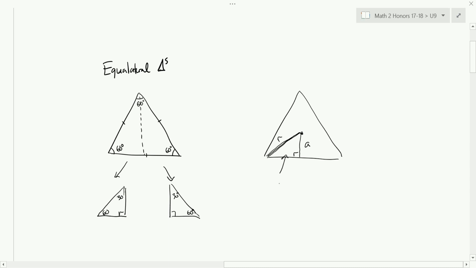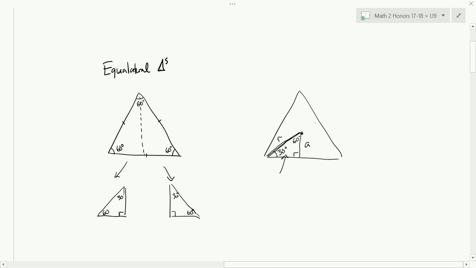It's a 30, 60, 90 triangle. Again, where's the 30? This one's going to be 30 because it cuts the 60 in half. And this is 90, so this one's got to be 60. So it actually splits it into a 30, 60, 90.